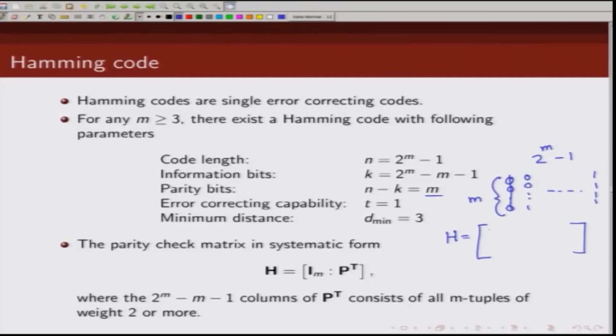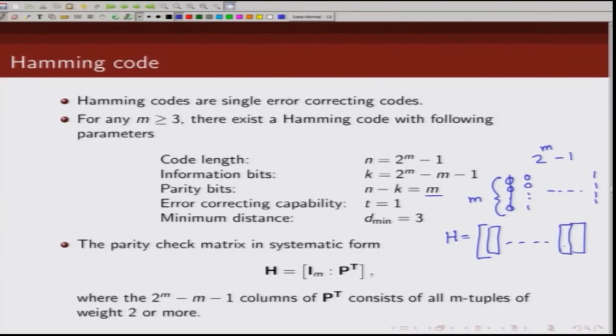So, the columns of the parity check matrix of Hamming code are nothing but non-zero m tuples. So, there are total 2^m minus 1 of them.